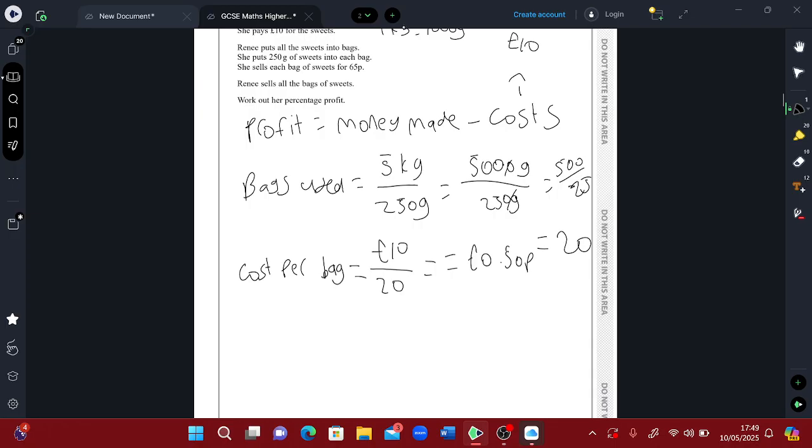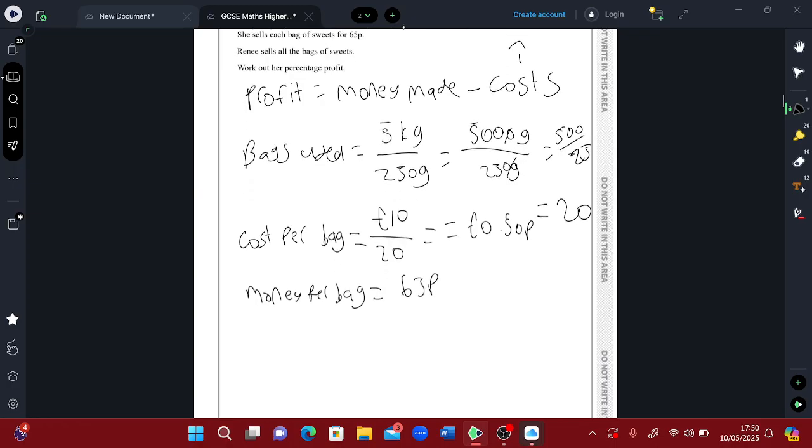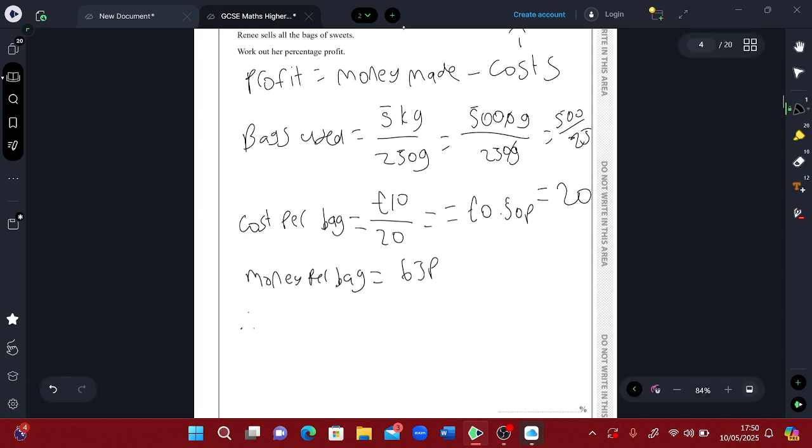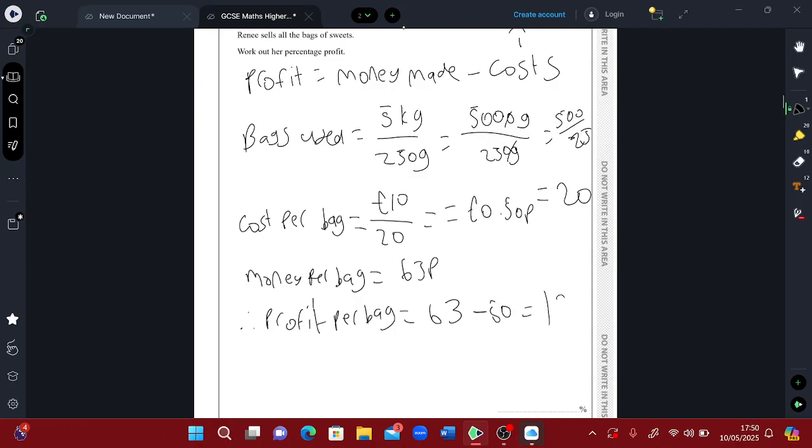Now it also tells us she sells each bag, so the money per bag is going to be 65p. So therefore, profit per bag is going to be 63 minus 50, which is 13p.